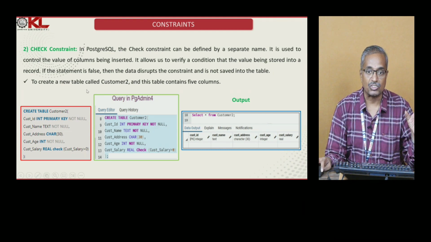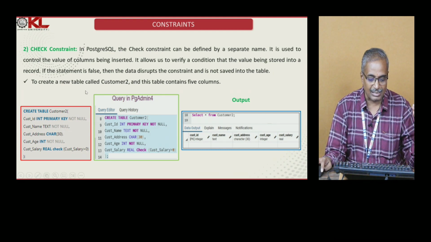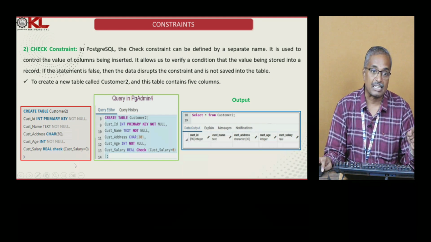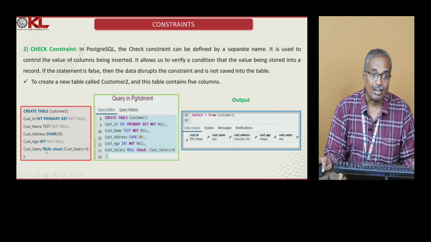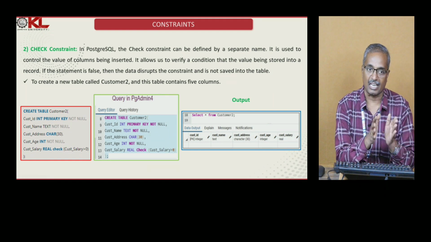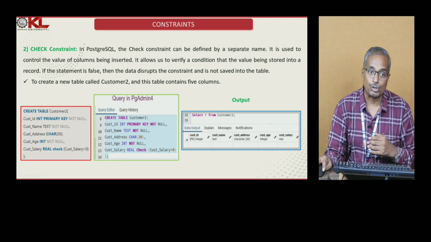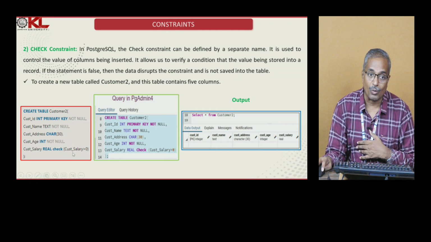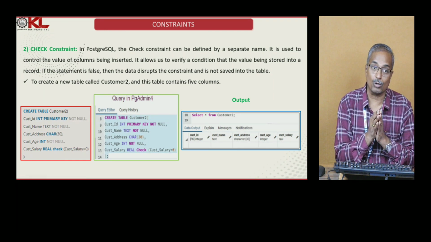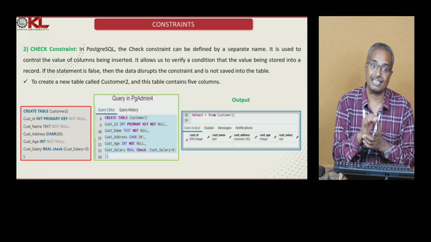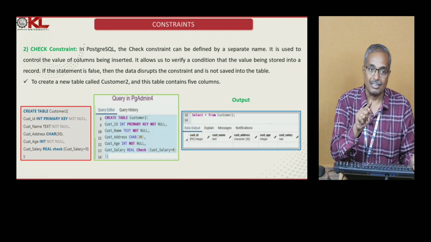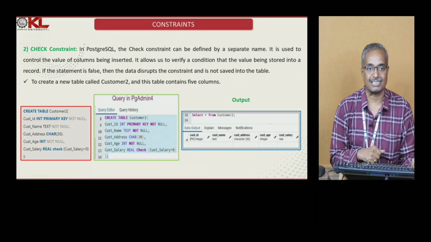The next one, check constraint. Check constraint is also very much useful to us. Here you are seeing that check salary greater than 0. While you are entering some employee salary, that salary should be greater than 0. If you put 0 in that column, that data will not be accepted by the system.